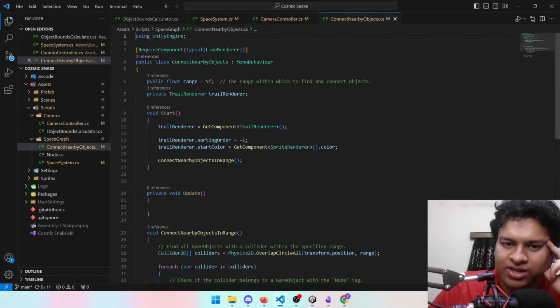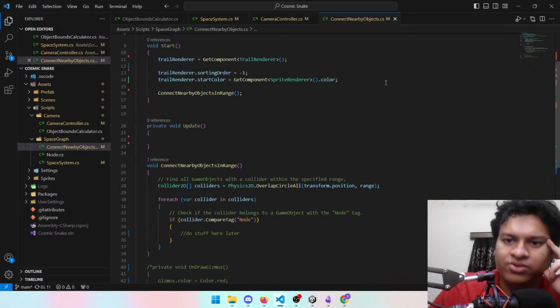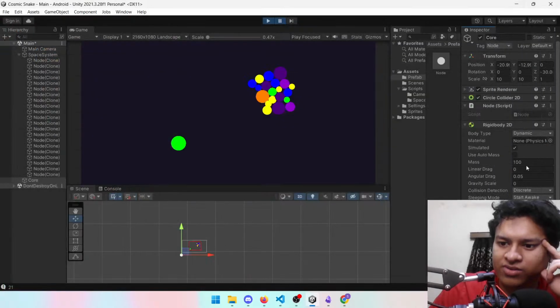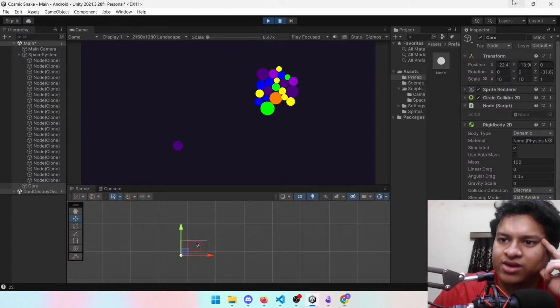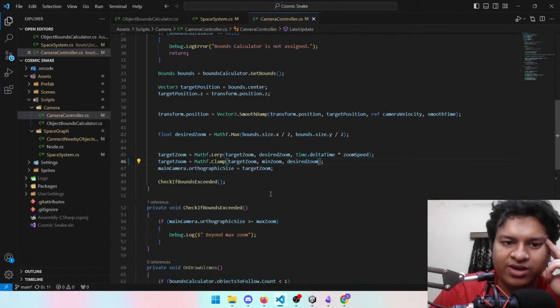I don't think this thing does anything anymore. Oh no, it works, the trail renderer. We'll keep it for now. Node script, spacecraft. Oh, it did not spawn it, that's why. It's not part of the spacecraft thing. Let's make it a part of it.